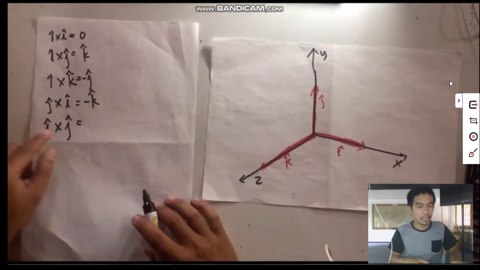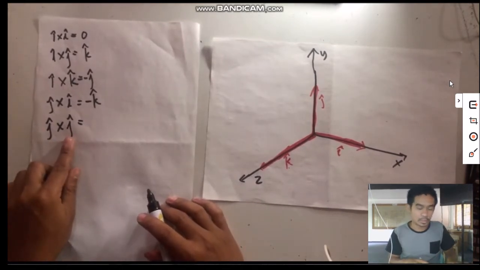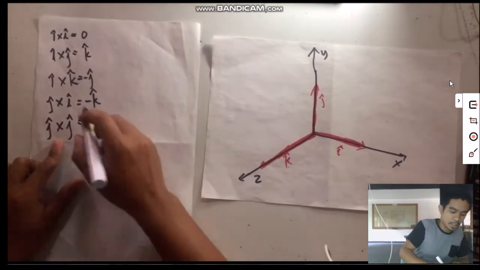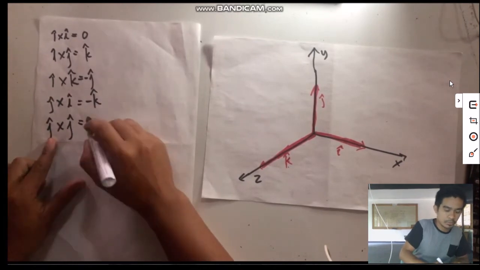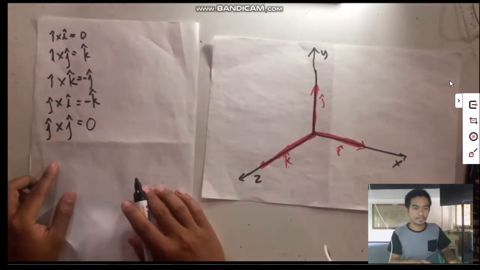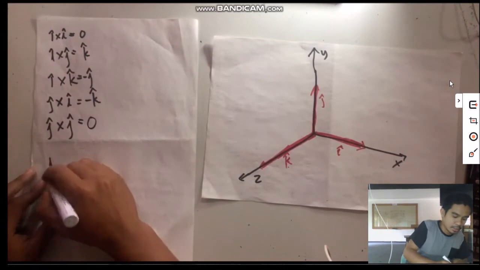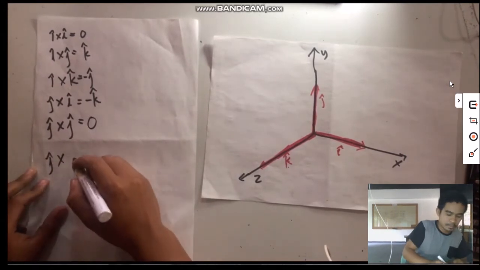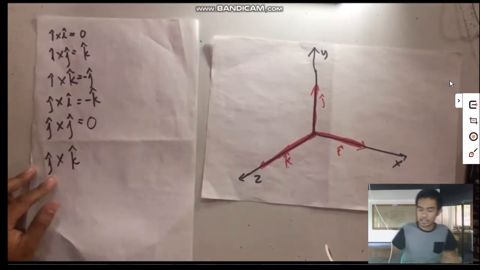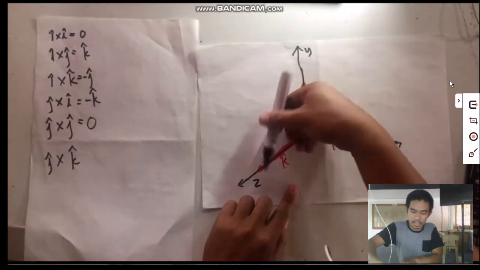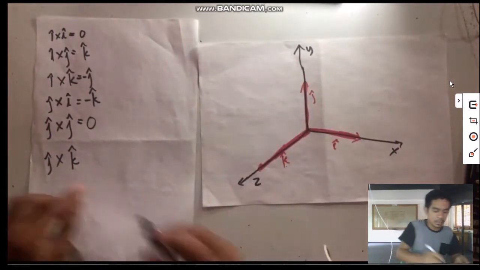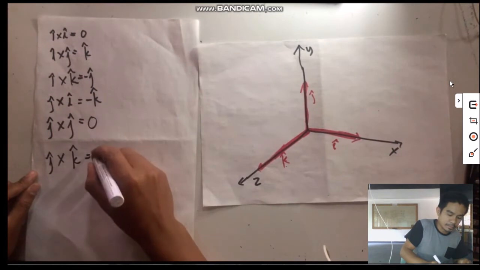These two unit vectors are pointing in the same direction, so they are parallel. Then the cross product of these two unit vectors is 0. Next, j hat cross k hat. Going in that direction, we have i hat.